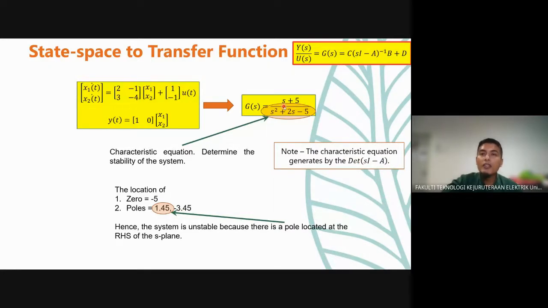Or you can see the denominator part of the transfer function, which denotes the characteristic equation. Based on the characteristic equation, we know that the system is unstable because we look at the pole location, for this example.